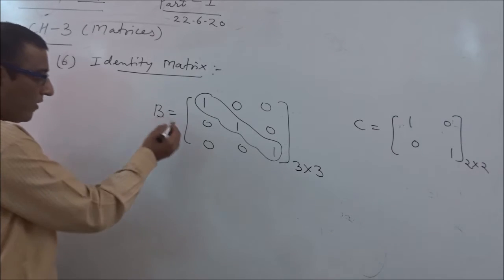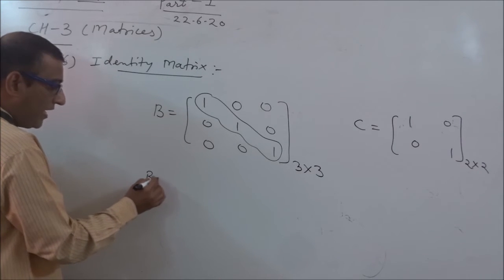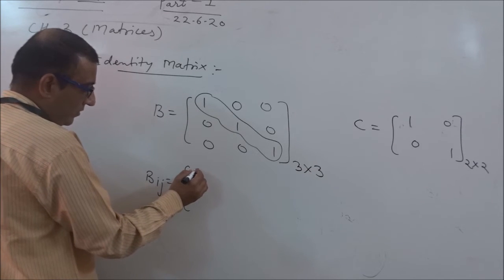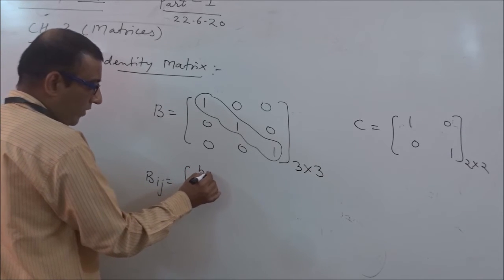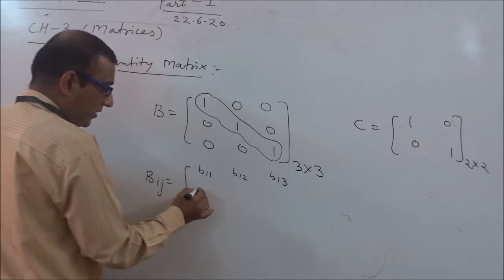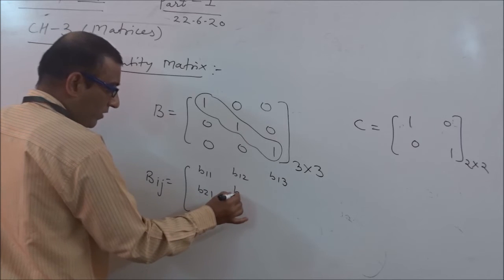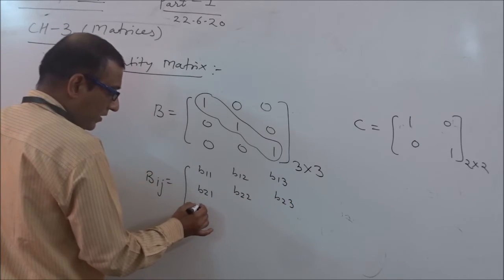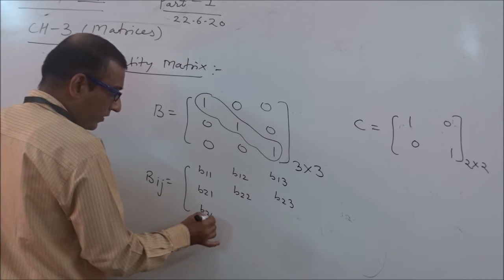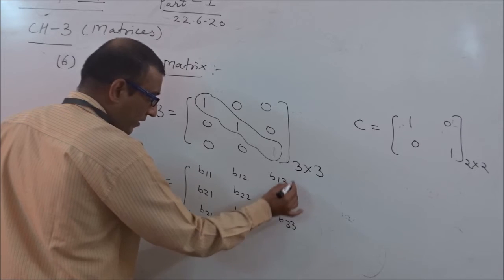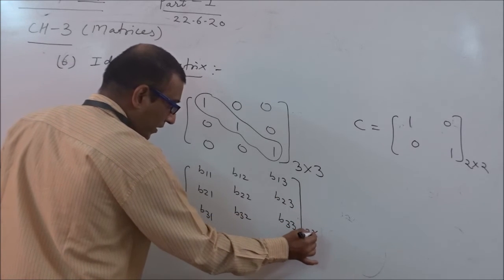Okay. So if you compare this matrix with this Bij, if I am writing here B11, B12, B13, B21, B22, B23, B31, B32, B33. It is also related with 3 into 3.